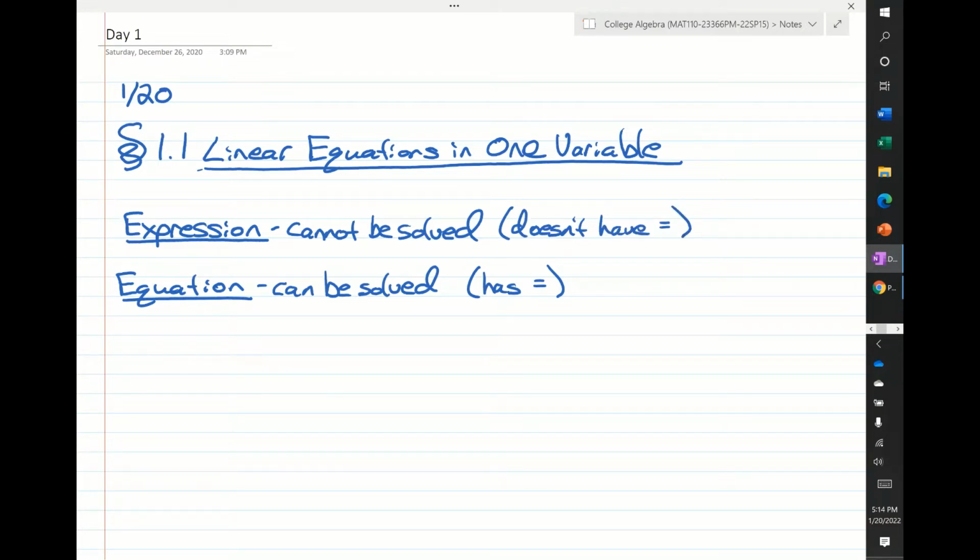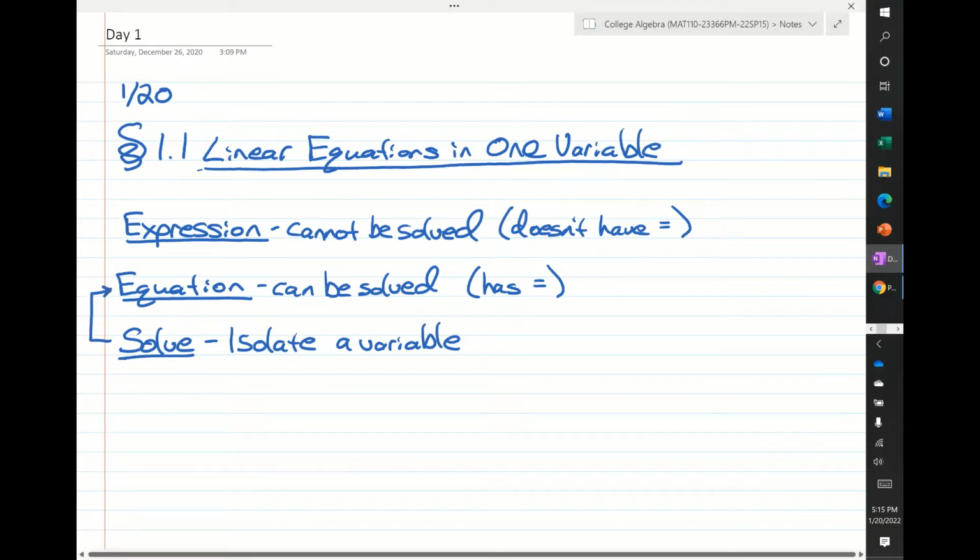I also mentioned solve, what those words mean. Solve just means that we isolate a variable, meaning that we get x by itself, we get y by itself, whatever we want is by itself. That's what that word solve means. We could solve an equation.